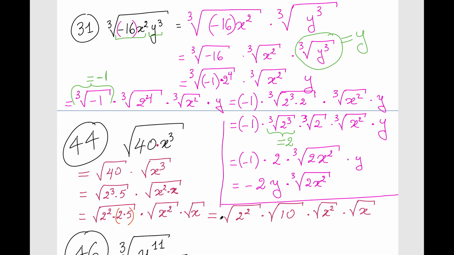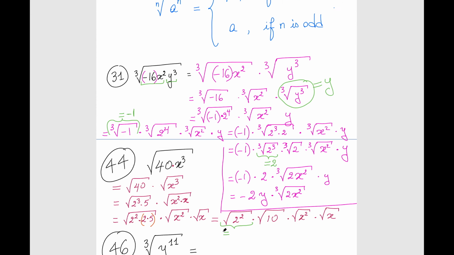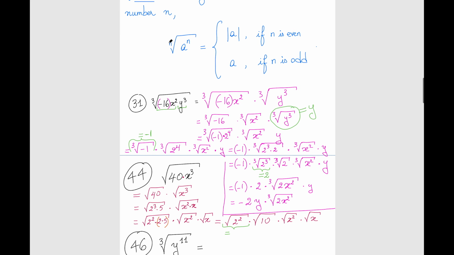How much is this? Well, by this rule, the index n is 2 in this case, so it's even. It's the absolute value of this guy. Who's the guy? It's 2, the base 2. So the absolute value of 2 is 2 itself. So this is simply a 2 then.